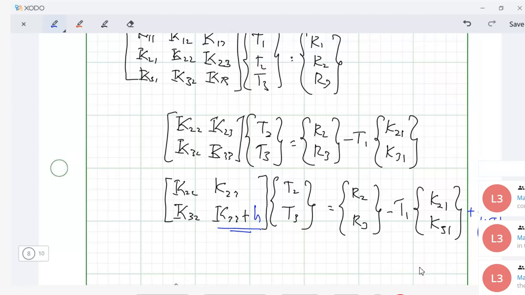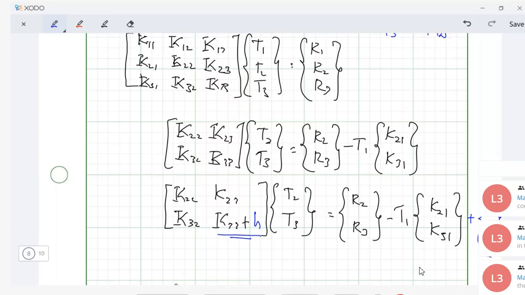So now, can we solve for the problem here? H is known, KT3 is known, T infinity is also known. Can we solve for T2? Yes, because all the elements in this K matrix are known. T3 is not known, so you need to solve for T2 and T3 because you have two equations with two unknowns.